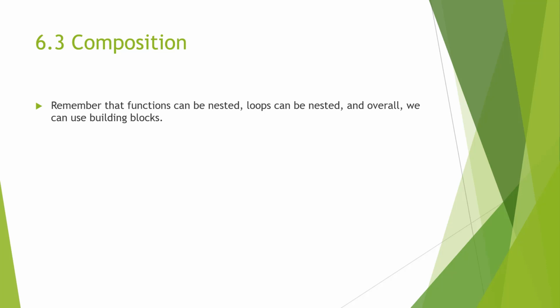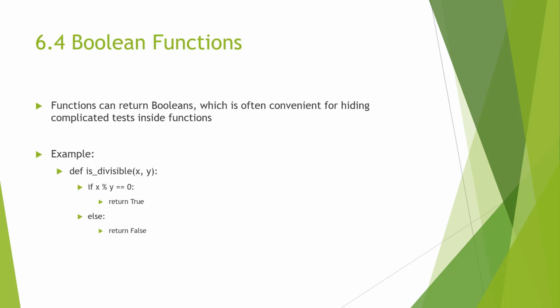So moving on, we have our 6.4, and that will be our Boolean function. Again, these functions can return a Boolean value, and it's often very convenient for hiding more complicated tests inside functions. Essentially, we're looking for if a number is divisible, yes or no. That's all we want. Boolean is yes, no, or true and false.